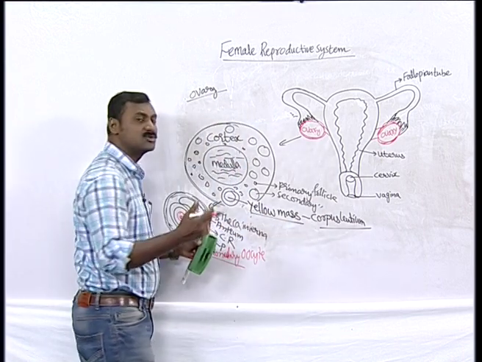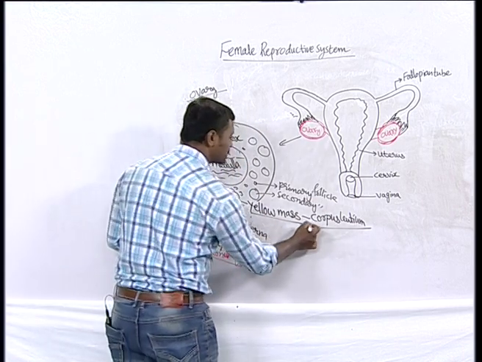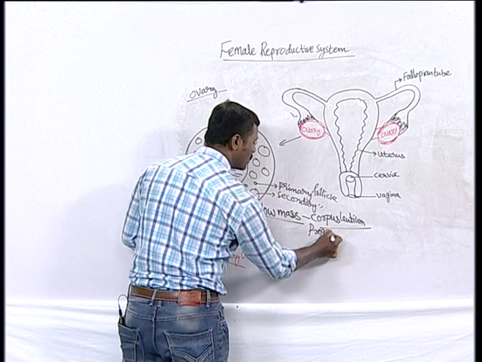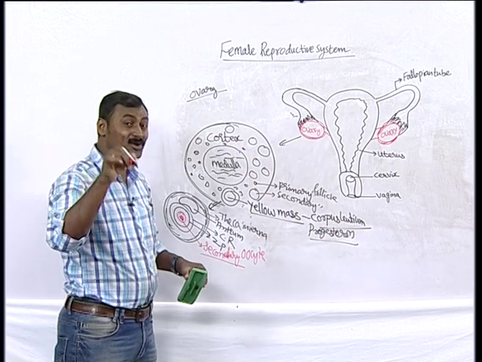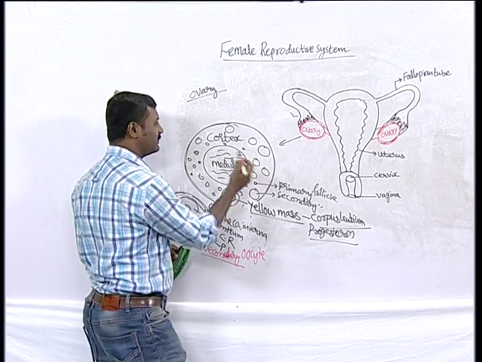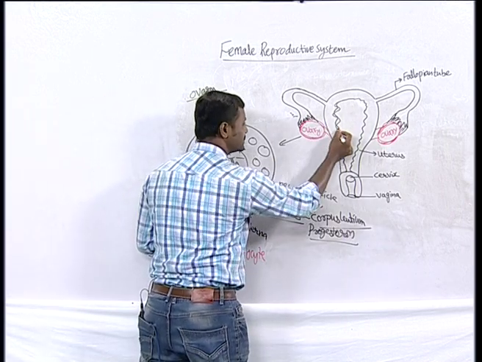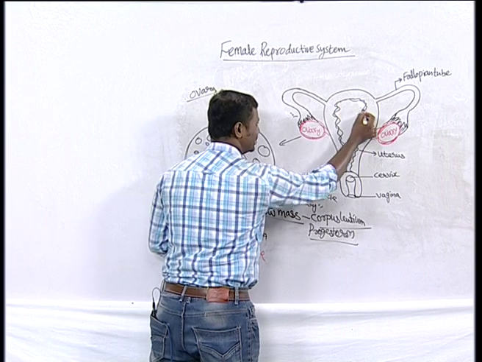This corpus luteum starts producing progesterone hormone. That progesterone hormone maintains the endometrium. Why?